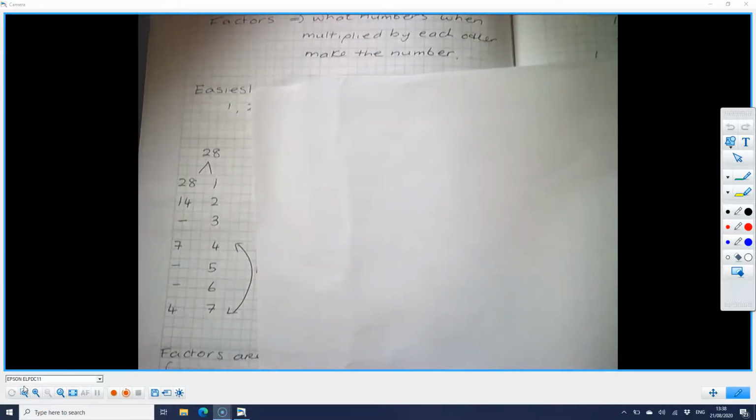So to get all the factors, we go 28 divided by 1, it works. 28 divided by 2 gives you 14. 28 divided by 3 doesn't work out evenly, so we ignore it and just stick a dash. 28 divided by 4 gave me a 7. 28 by 5 didn't work, so I wrote a dash. 28 divided by 6 didn't work, so a dash. 28 divided by 7 gave me 4. So 7 times 4 and 4 times 7 are the same. In other words, there's a repeat, and when you get a repeat, you've got all the factors.